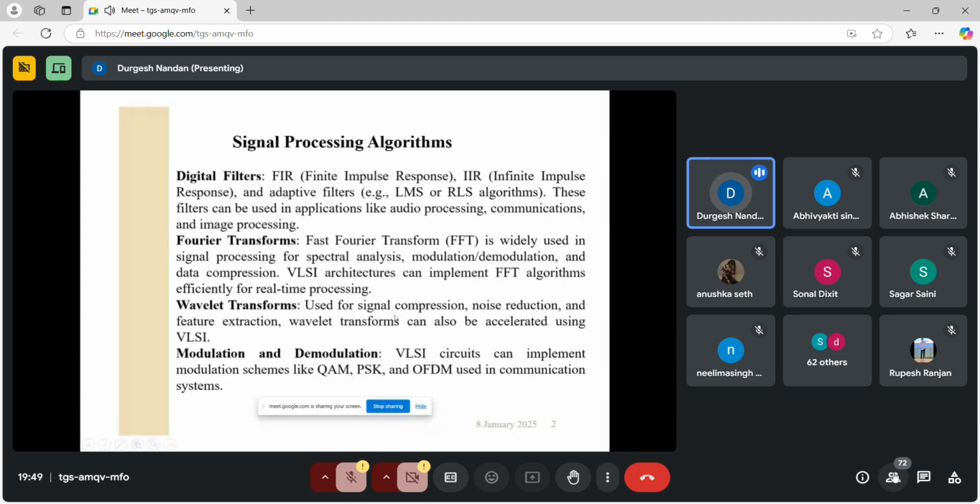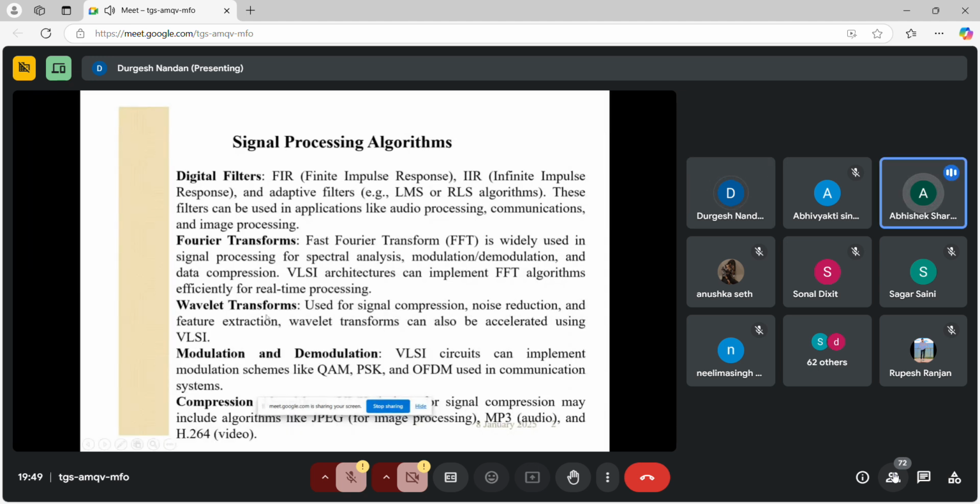Hopefully now it is available in full screen. Kindly confirm. Yes, sir, it is available now.